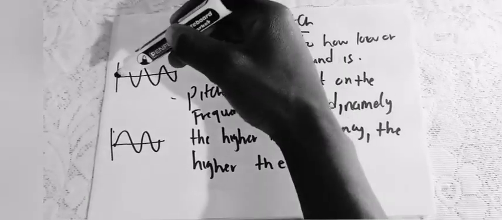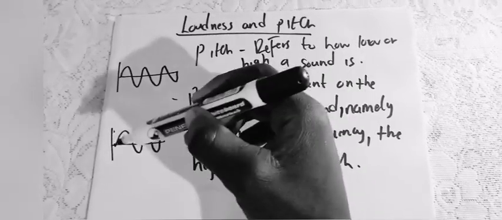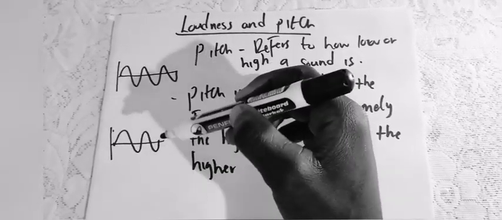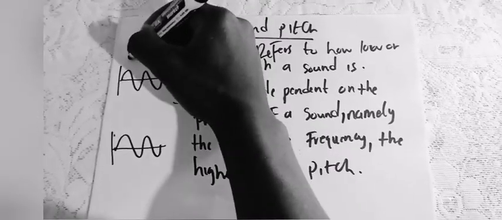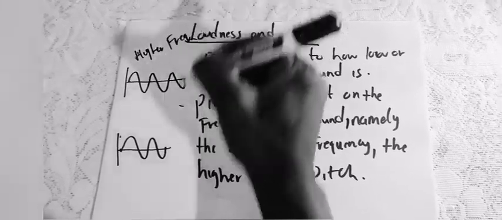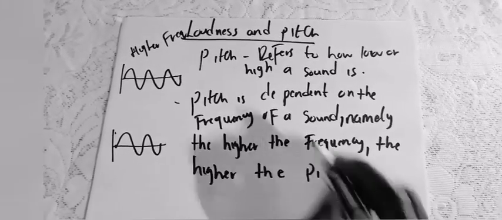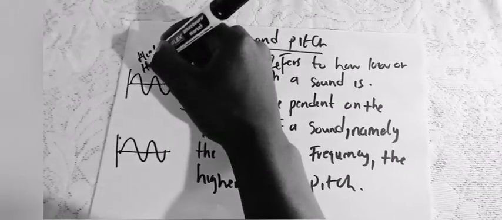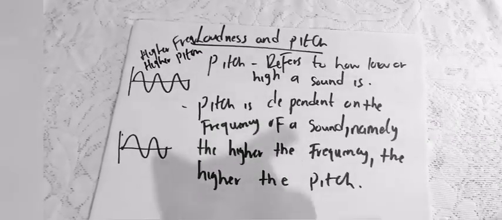What you need to understand is, since here we have three waves and here we have two waves, since here we have more number of waves, it means that we have a higher frequency. Higher frequency means what? Higher pitch.